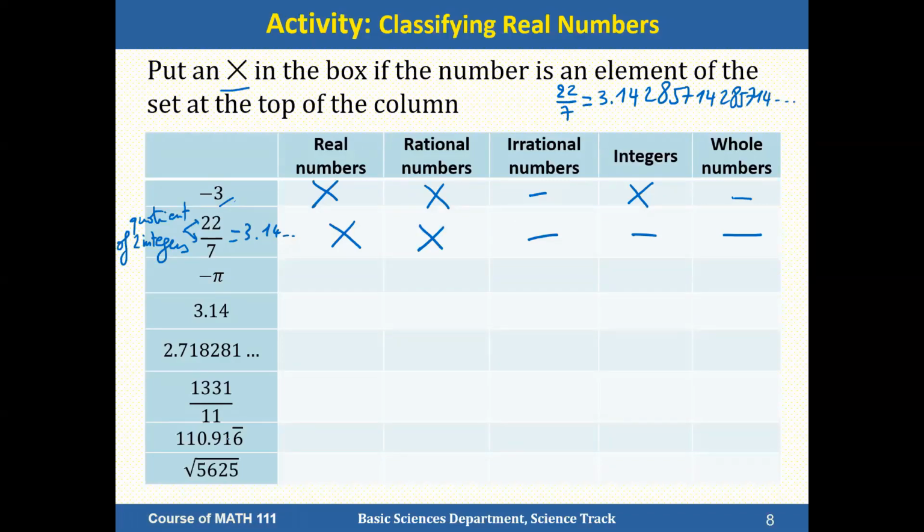So where is the repetition here? The repetition is all this. So it is equal to 3.142857 with a bar over the repeating part. So it is a rational number.